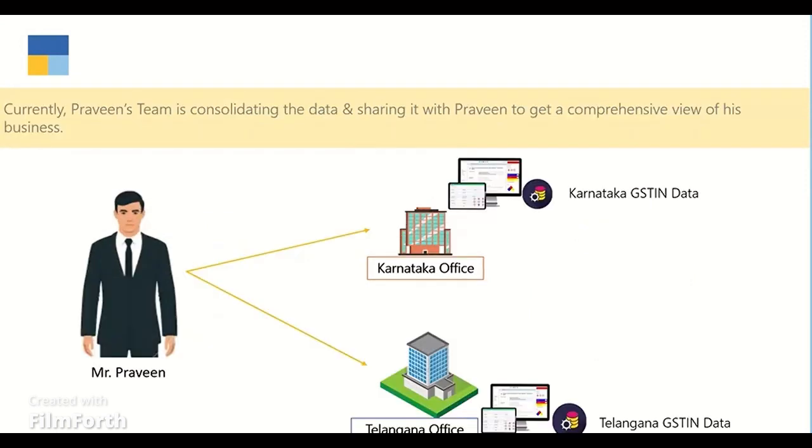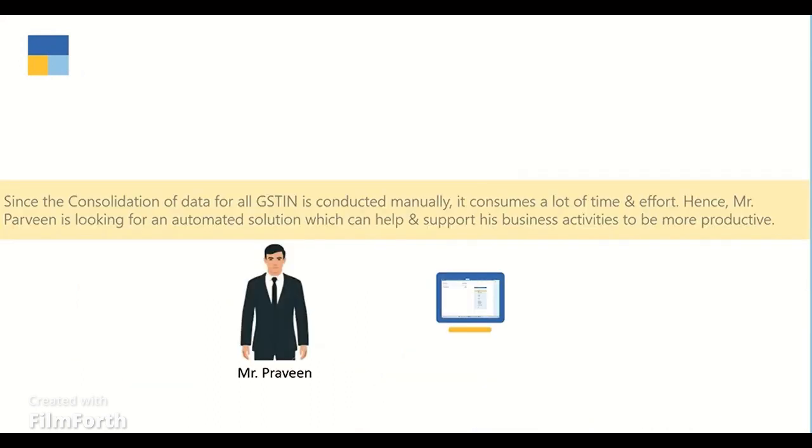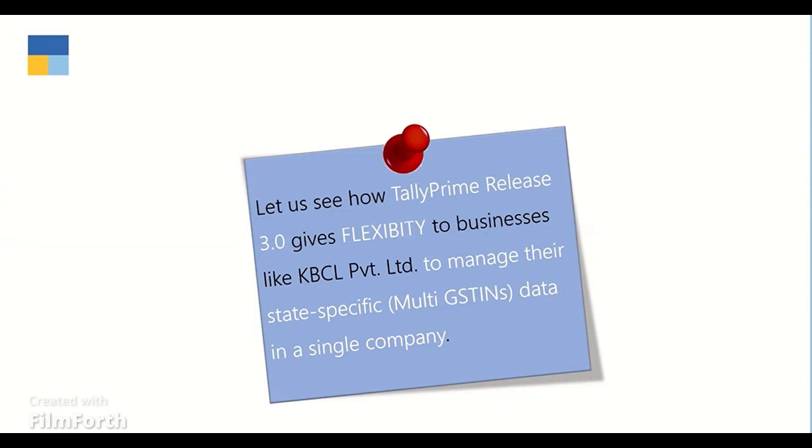Because they are maintained separately, whenever Praveen needs consolidated information, the team has to put in effort to consolidate and give him a comprehensive report. That leads to delays in getting the required information, and it sometimes delays his decisions.